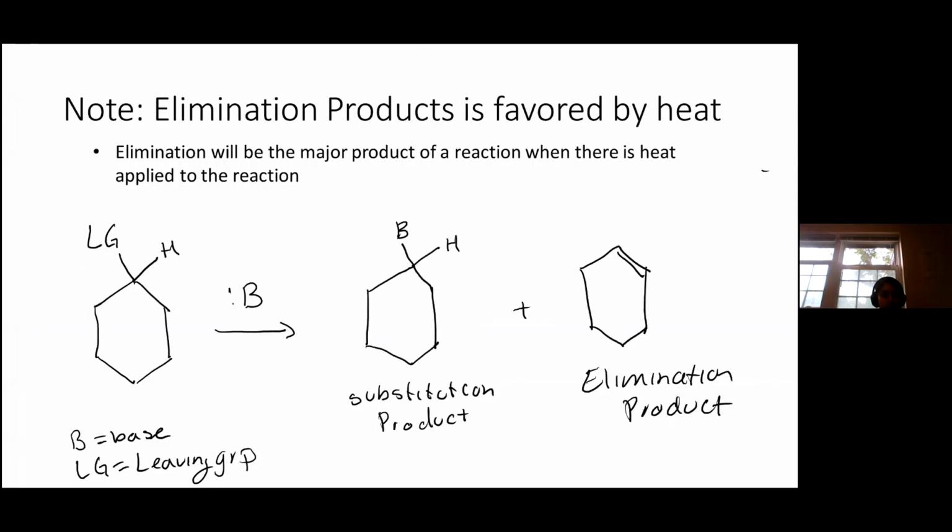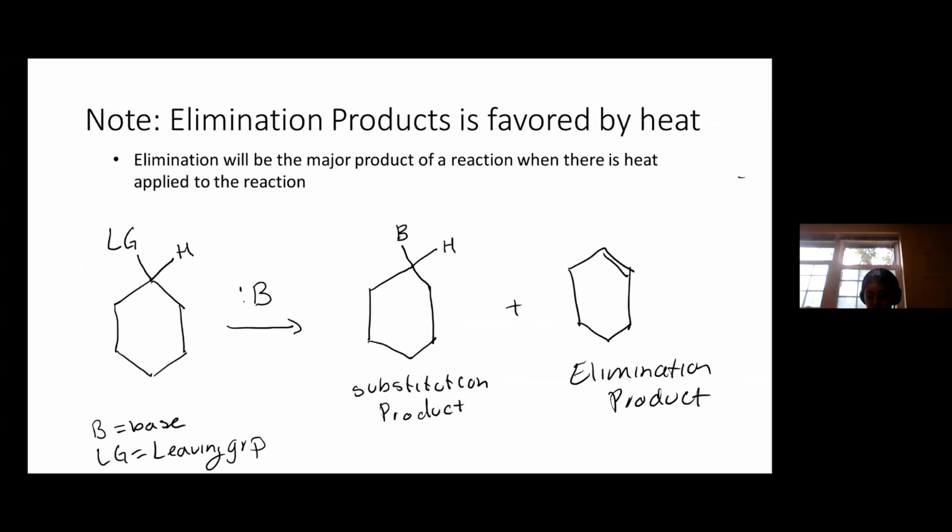And I just want to make one more note before I pass it on to Jennifer. I'm not going to go into much detail, but just know that if we have a reaction with a base, again, bases and nucleophiles are kind of related. They're kind of similar, but obviously they're different in some aspects.